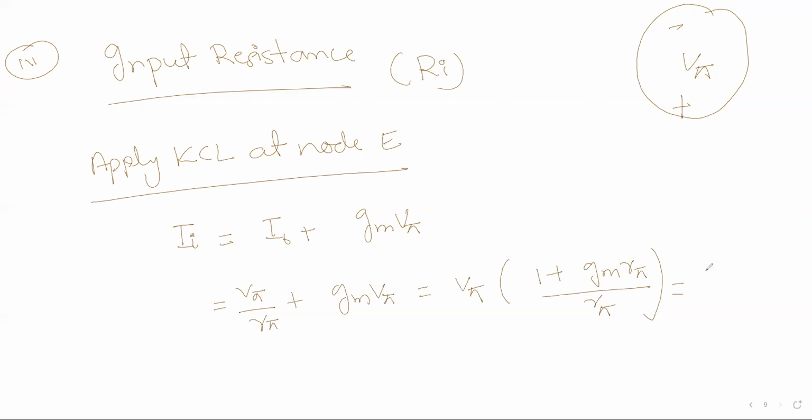This is equal to V pi times 1 plus beta upon R pi, isn't it?